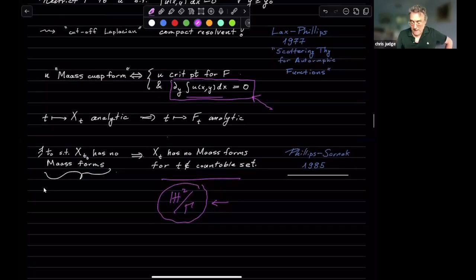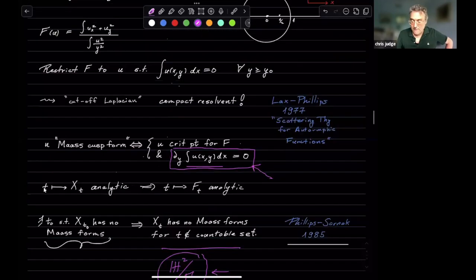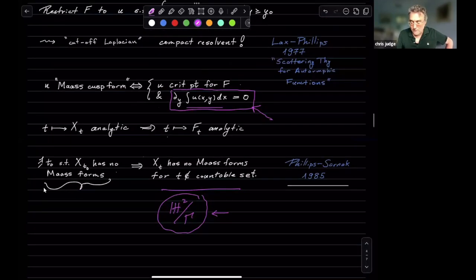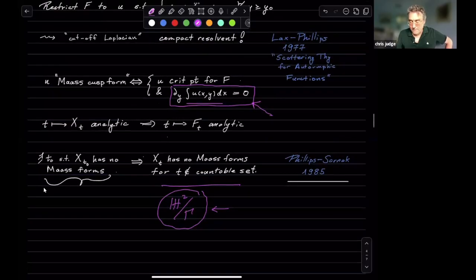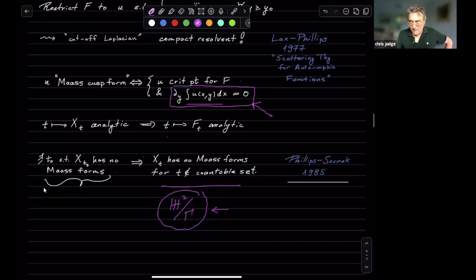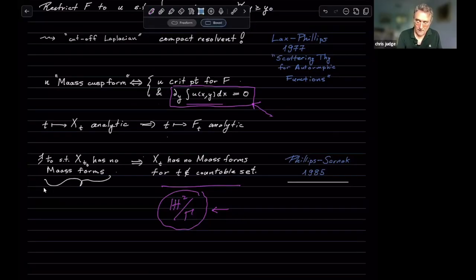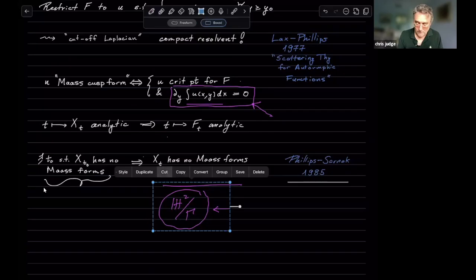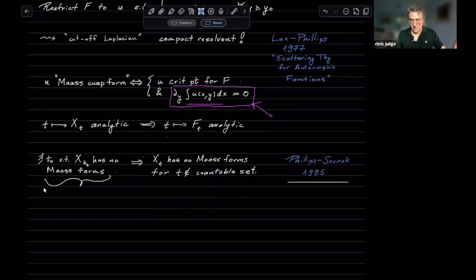In some special situations, you can have cusp forms that you don't expect, with symmetries. But if you take just a random surface, I don't expect any, or at most finitely many. And that's completely open. We don't know a single example of something which satisfies this. But we believe that it's generically true.